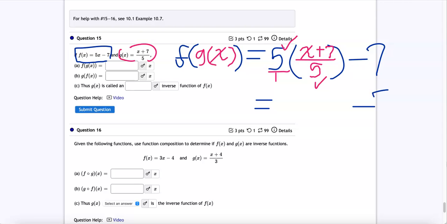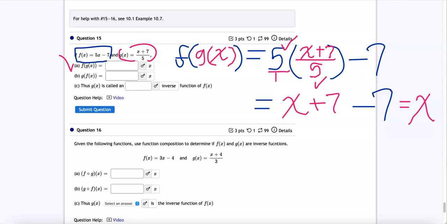So here's the minus 7 that was at the end, and the resulting quotient, once you cancel here, is going to be x plus 7. And you can see then that x plus 7 minus 7 is going to equal x. So I just did this first one, part A. You repeat that again with part B, and you can see that it makes an x.